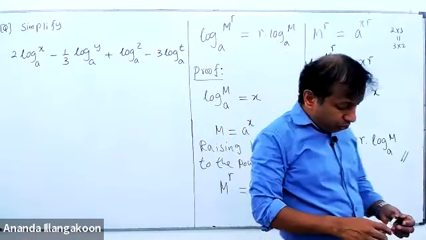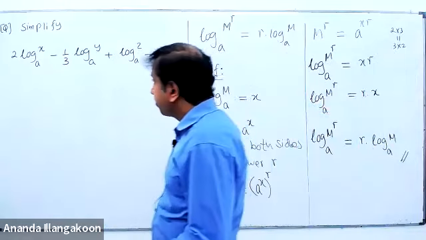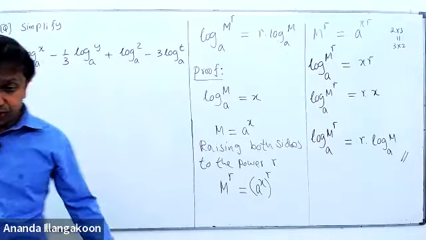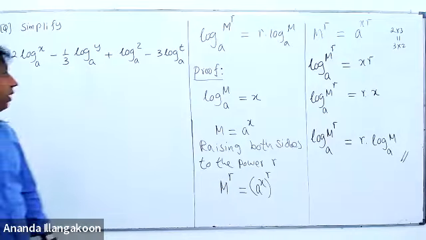Now let's see how to use these three laws we have learned so far to simplify this. Okay, first write down the question. Now let's see how to take this.